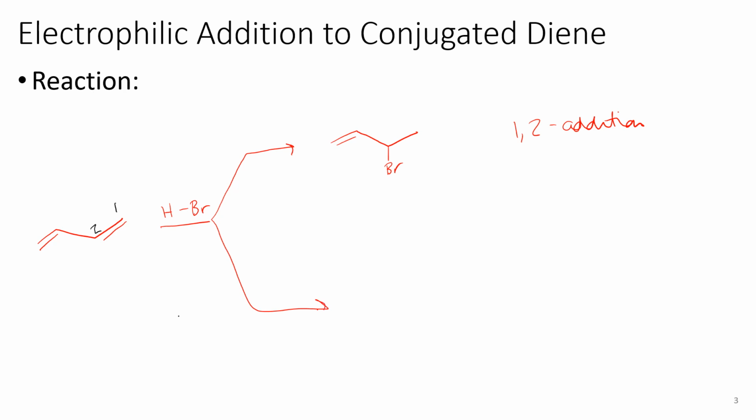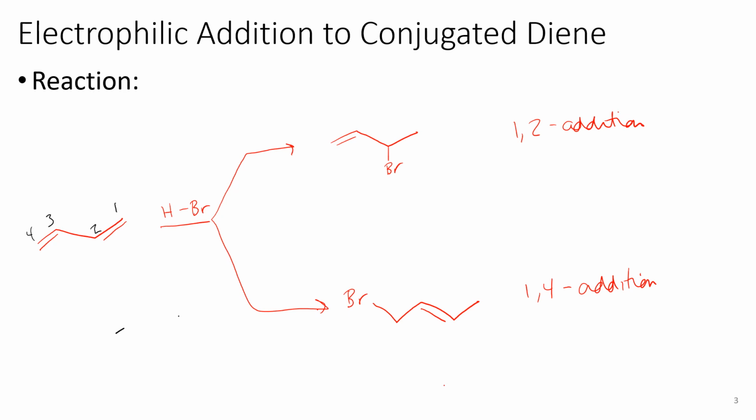But we also see our 1,4 addition, and in our 1,4 addition, we're going to see a change in where we are going to add the second nucleophile that comes in. So with this one, I'll continue to number along 3 and 4.